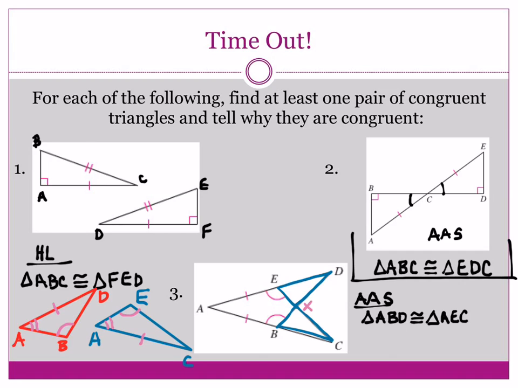So we're not going to go through this, but let's just talk about the fact that if we did know that, we would have these pieces of information. We could mark the fact that these two are the same length now, because we know that the whole length is the same, and this is just a portion of it. We would know automatically as well that these angles are congruent because we have the bigger triangles congruent.